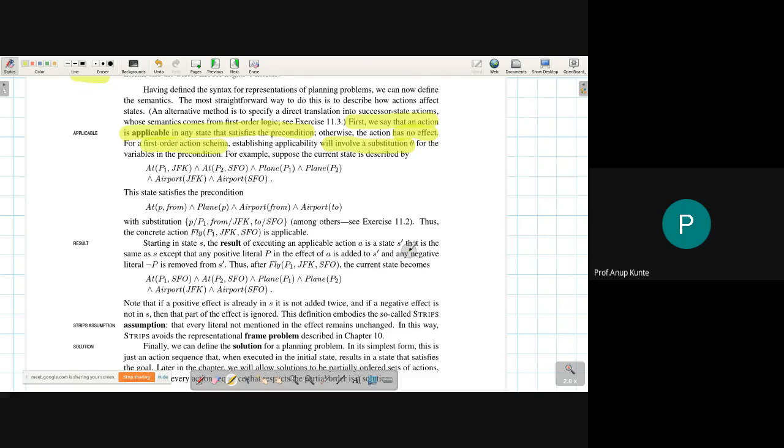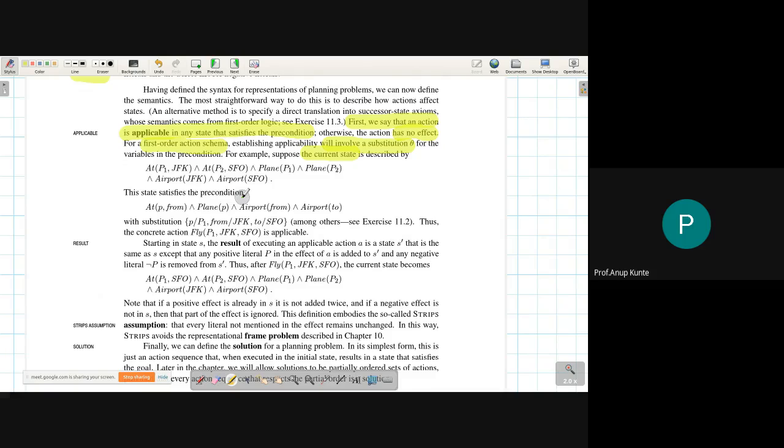Now in this example, suppose the current state of the world is described by six predicates conjoined together: At(P1, JFK), that is, plane P1 is at John F. Kennedy Airport; At(P2, SFO), plane P2 is at San Francisco Airport; Plane(P1), P1 is a plane; Plane(P2), P2 is a plane; Airport(JFK), so JFK is an airport; and Airport(SFO), SFO is an airport.